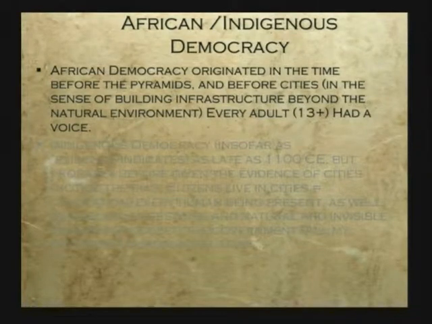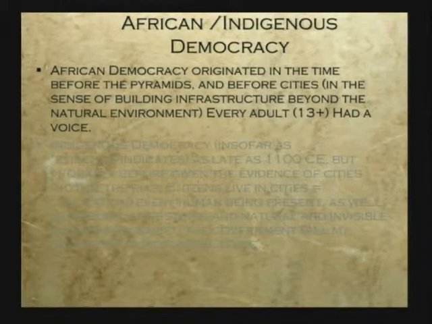So African democracy originated in the time before the pyramids and before cities. Cities is not just buildings, it's also building infrastructure beyond the natural environment to support your living there. That might mean plumbing, a sewer system, agricultural fields, factories, things other than huts.